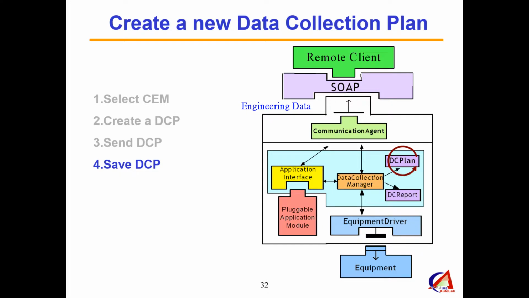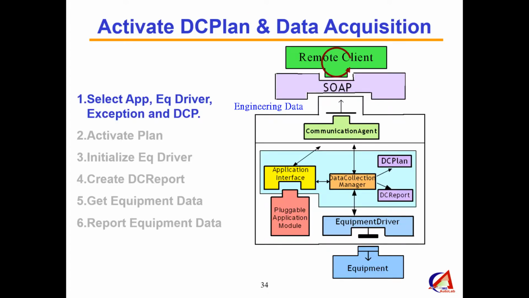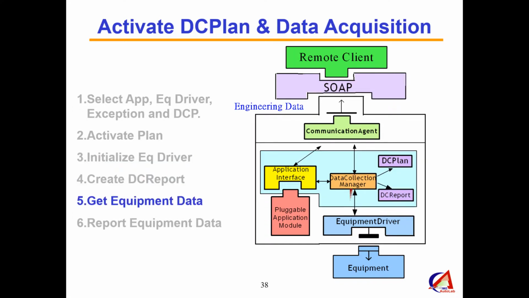Then DCP is saved. Then you see, activate data collection plan and data acquisition. So you see, the remote client sends an activate plan and initializes the equipment driver, and then creates the data collection report. Okay, then get equipment data and report the equipment data.